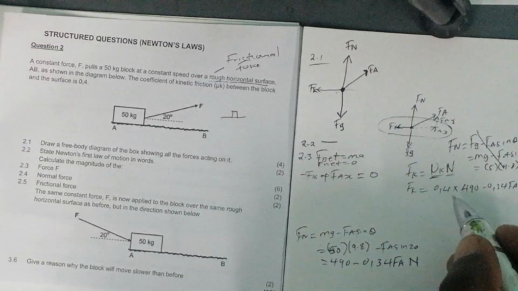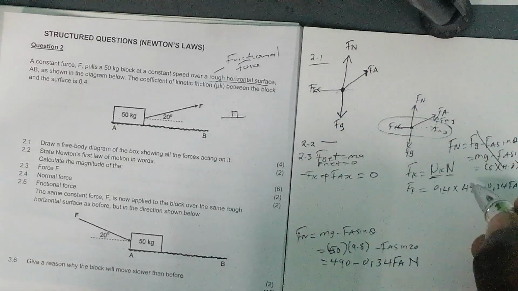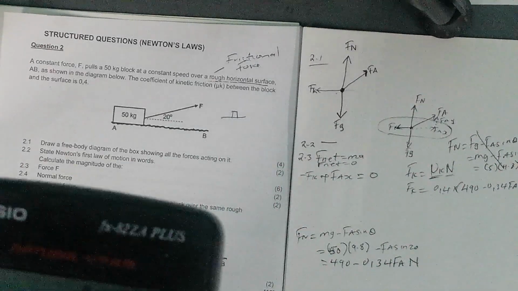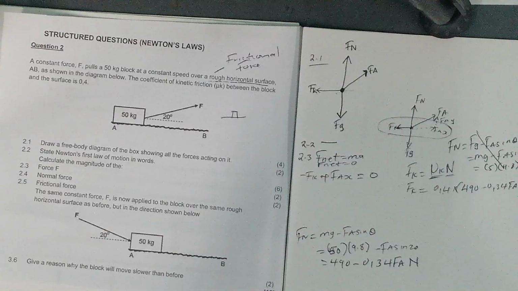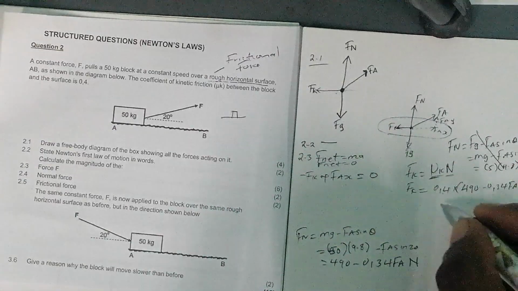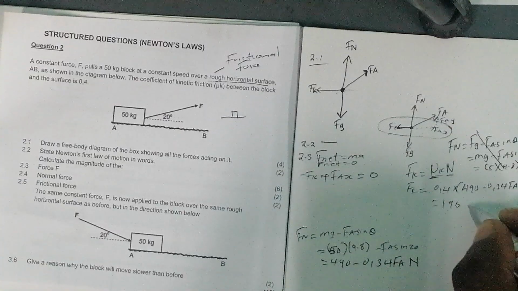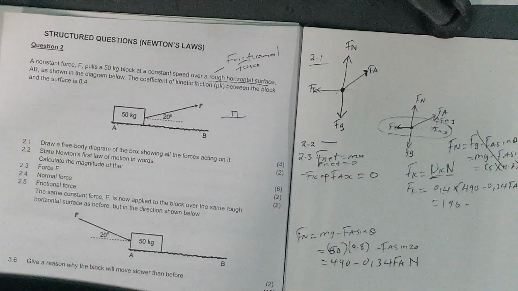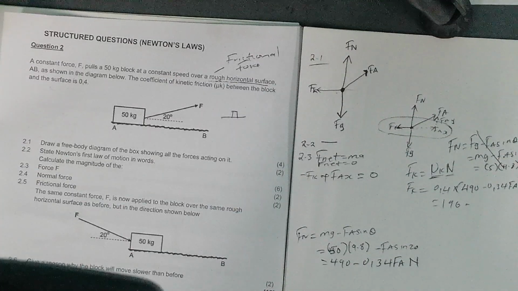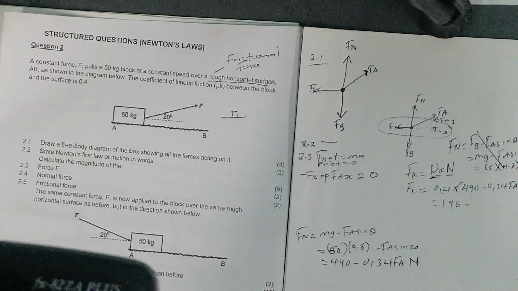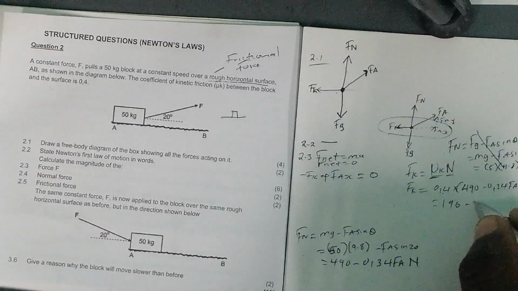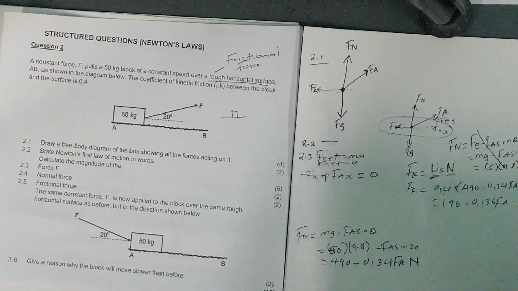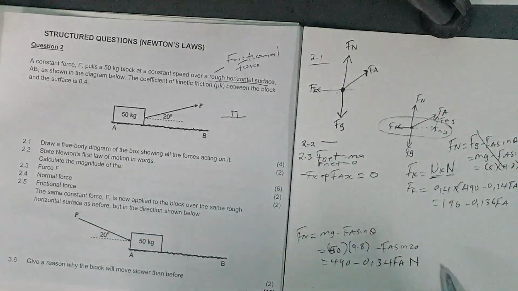Therefore, we multiply this and this. 0.4 multiplied by 490, you're going to get 196, minus 0.4 multiplied by 0.34, you're going to get negative 0.136 Fa.